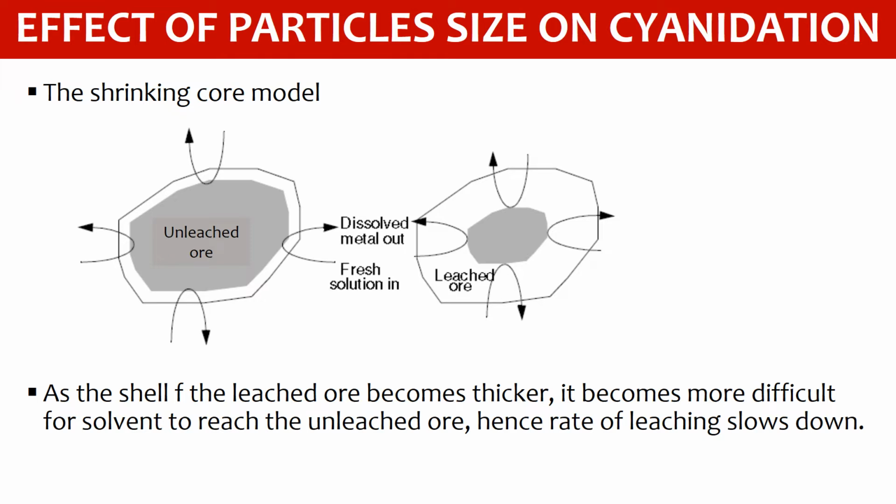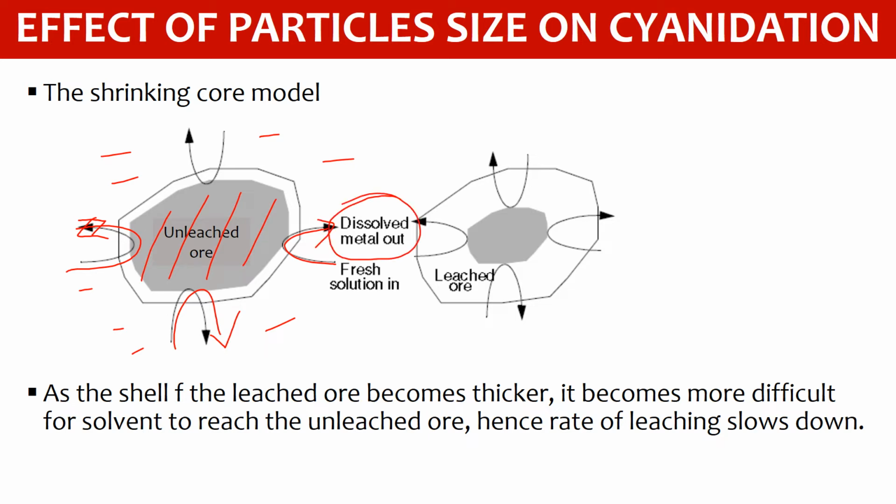So the particle size effect is based on the shrinking core model. Okay, so the shrinking core model simply tells us that this is your unleached ore, okay, and this is your bulk solution, and in the bulk solution you have your lixiviant coming into contact with the unleached ore and dissolving the metal out.